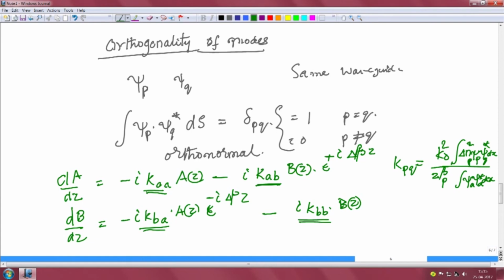So, the so-called coupling coefficients are constants depending only on the refractive index profile, the perturbation to the refractive index profile, the waveguide dimensions, and so on and so forth. And the factor delta beta is what is used here, beta b minus beta a.